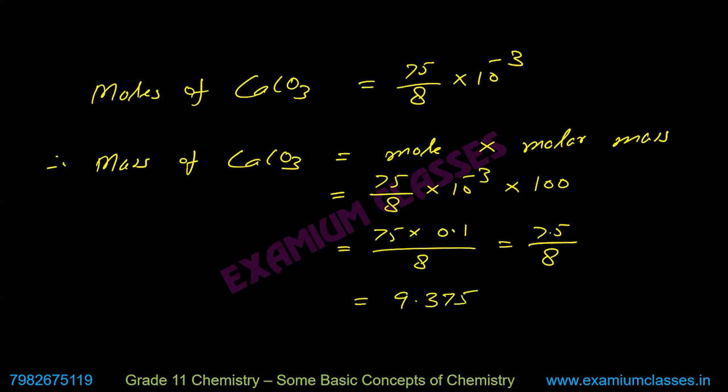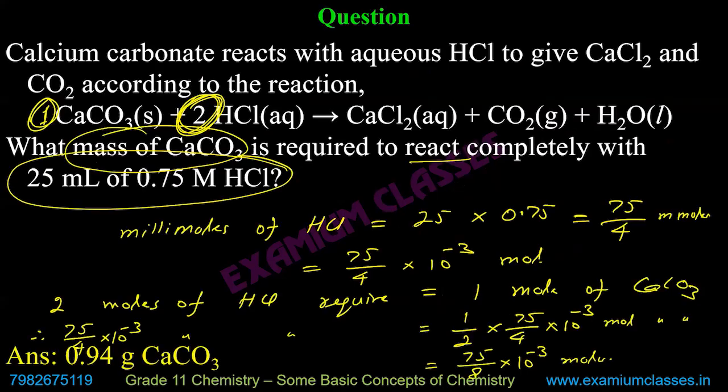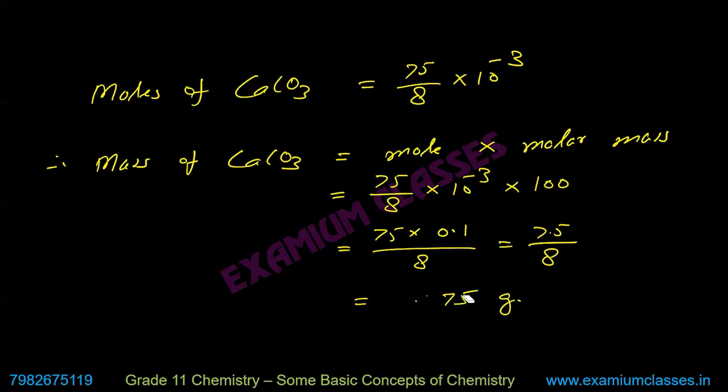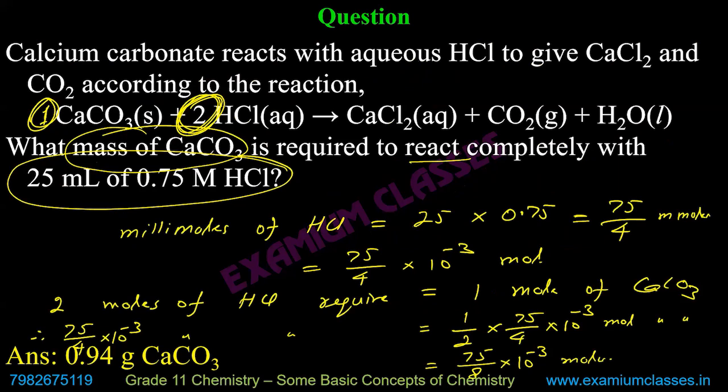Exact value will be 9.375 grams, which when rounded off gives 0.94 gram of calcium carbonate. Is every step clear? All steps must be clear.